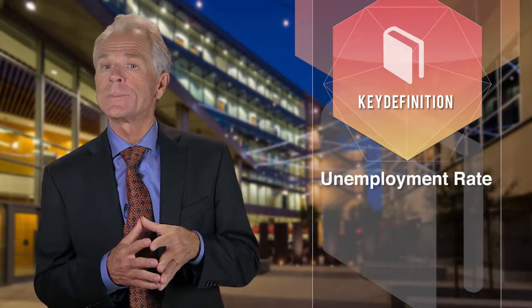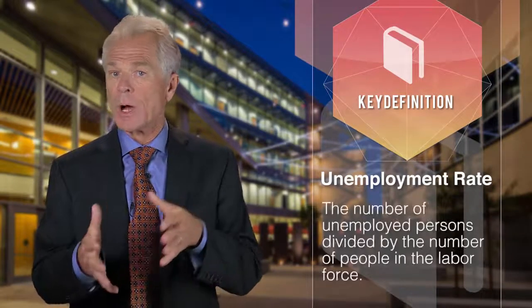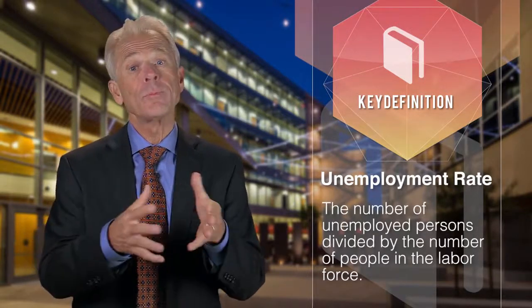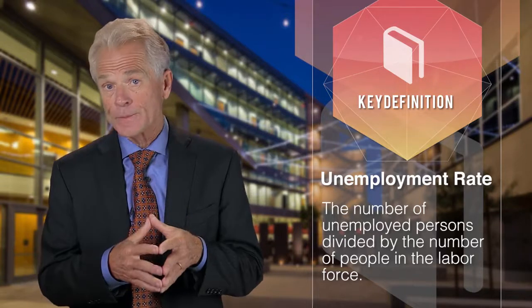While inflation may be the cruelest tax because it eats away at our wealth and purchasing power, macroeconomics can be equally cruel when a recession results in the actual loss of your job. As a key definition, the unemployment rate is measured as the number of unemployed persons divided by the number of people in the labor force.